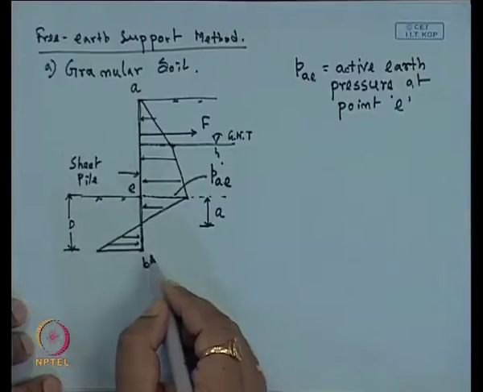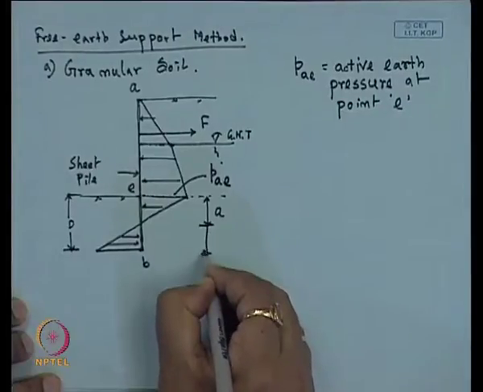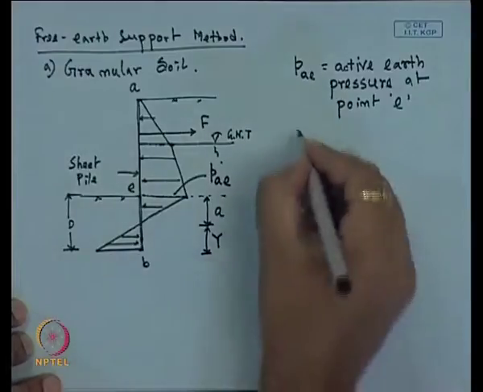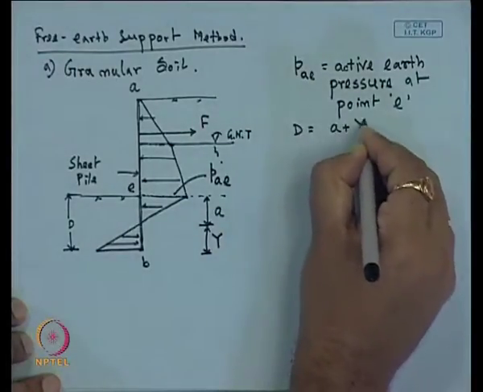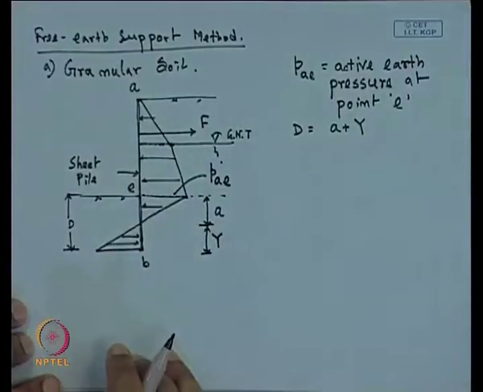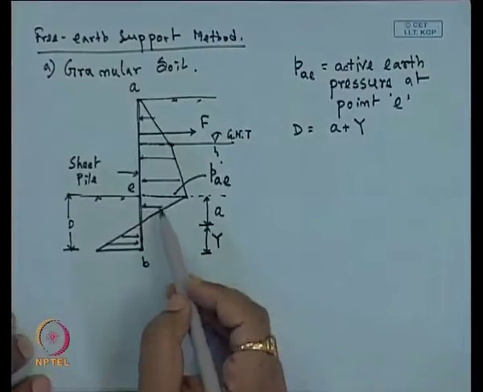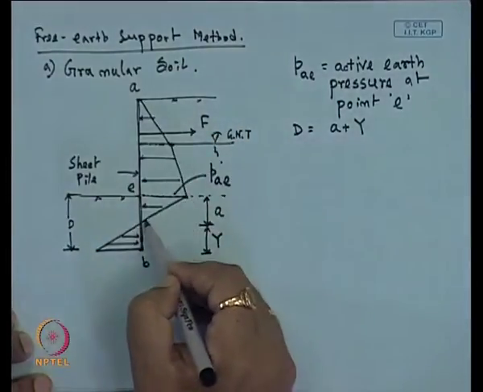Now, the distance of the remaining part, if I consider it as capital Y, so we can write that D is equal to A plus capital Y. So, what are the forces? We can consider this as two parts.